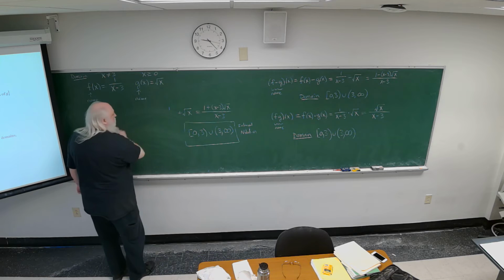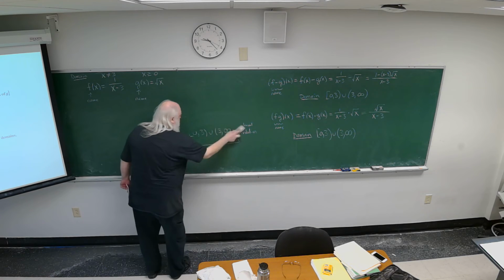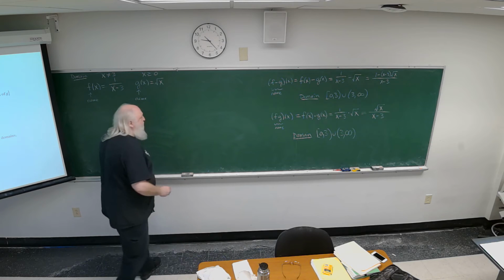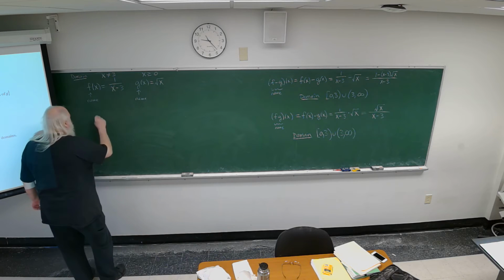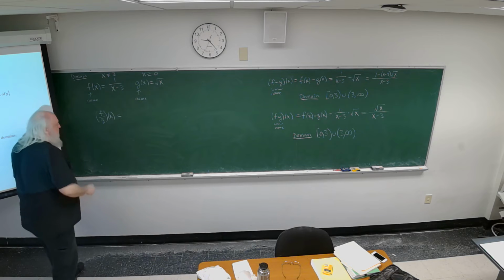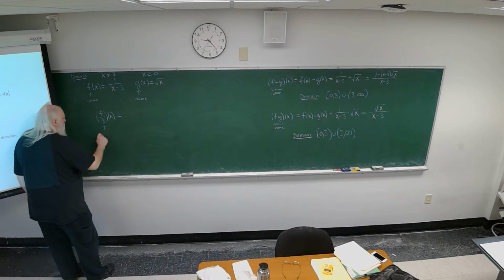All right, the last function that we're going to create from f of x and g of x is the new function f over g of x. Again, this is the name of the function.